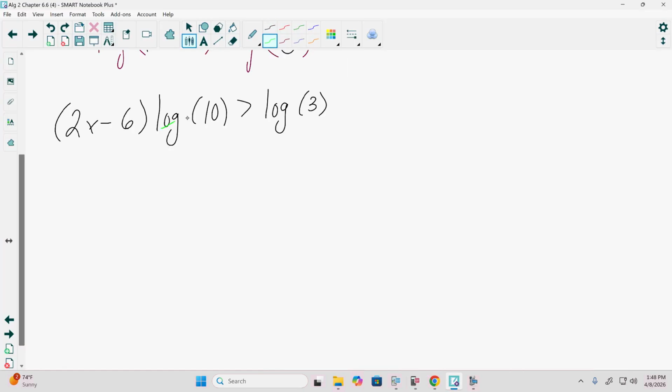That's why we chose log base 10, because that would indeed reduce to 1. 2x minus 6 times 1 is 2x minus 6. And we're saying that it is greater than log of 3. Is x by itself? Yes.